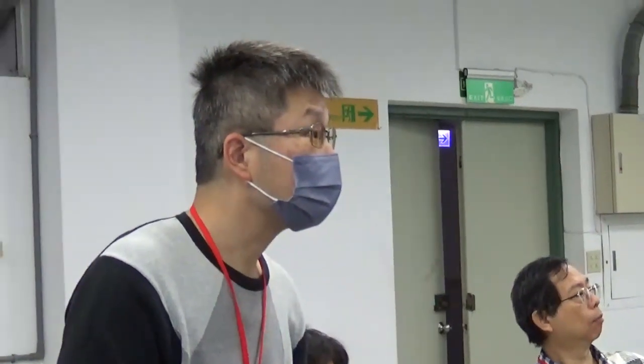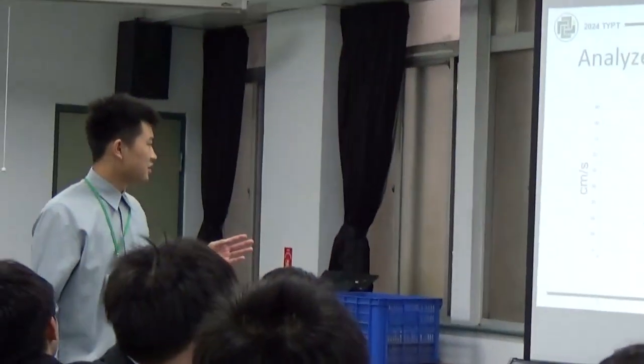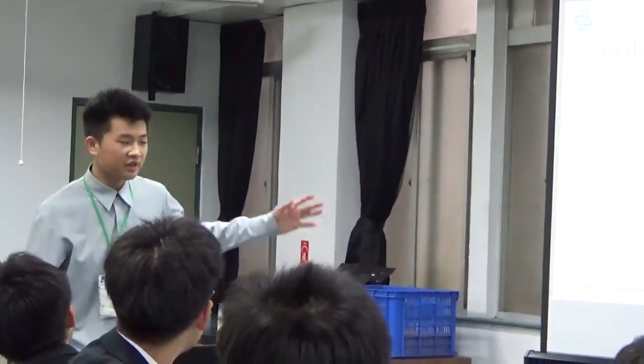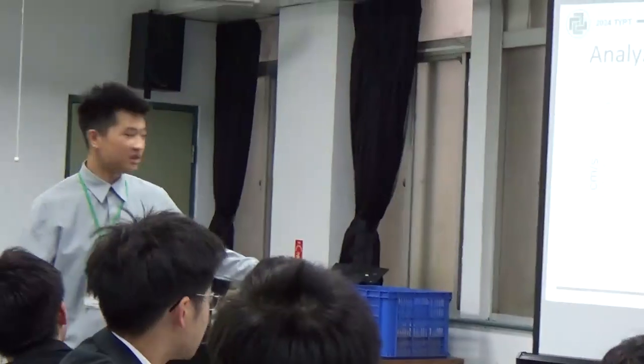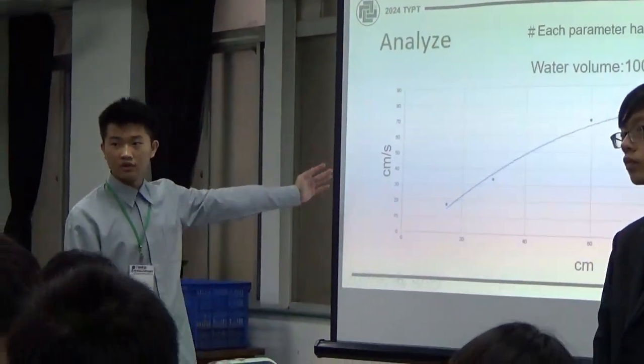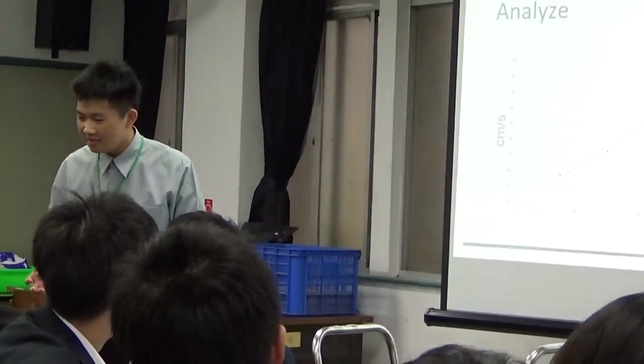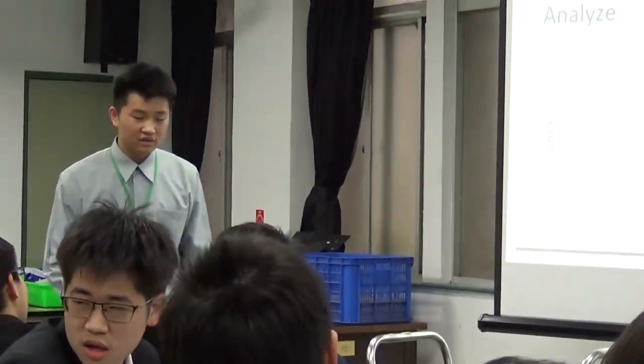The parameter here is the release height. The y-axis is in centimeters per second. The launch velocity, I'm sorry. The y here is the launch velocity, the initial velocity of the ping pong ball. Oh, I see. So you didn't record the jump height. Yeah.